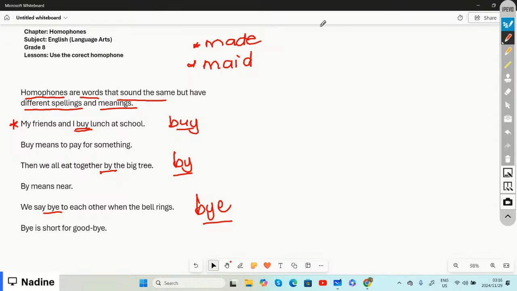Then the next word we have is meat. Look at the word meat and look at the word meet. Look at the spellings of the words, they are different.